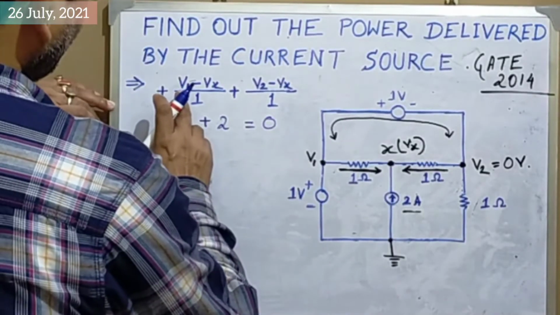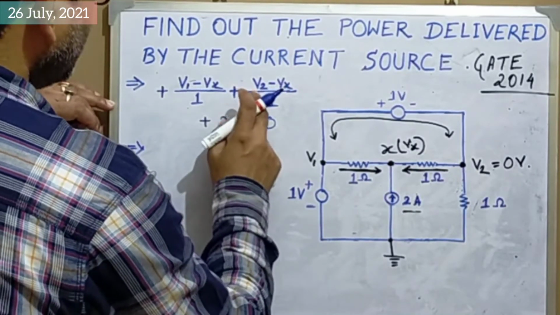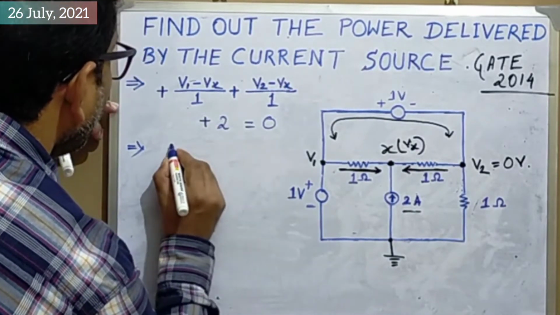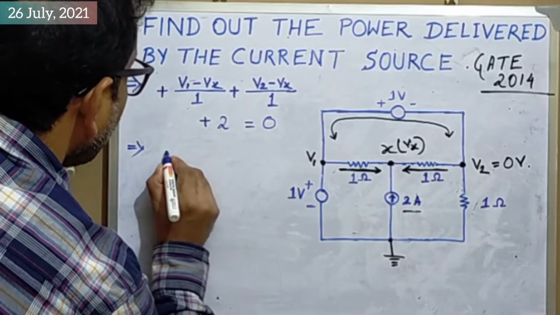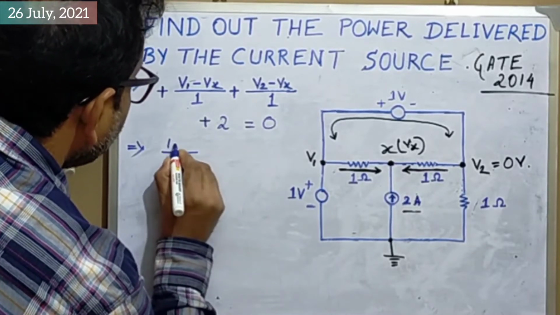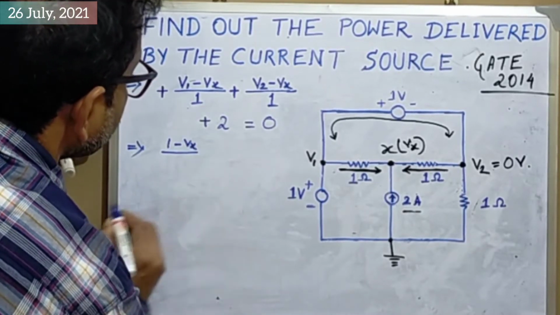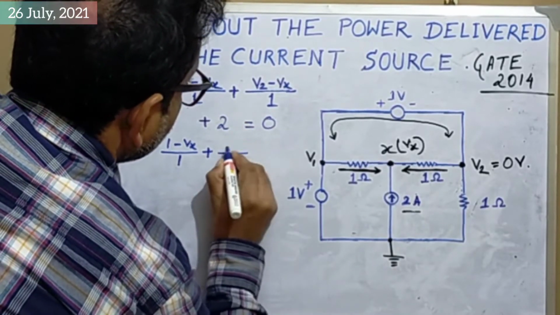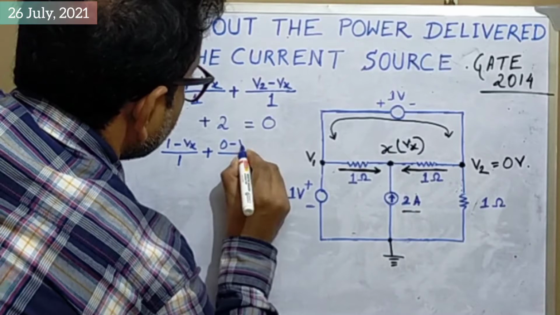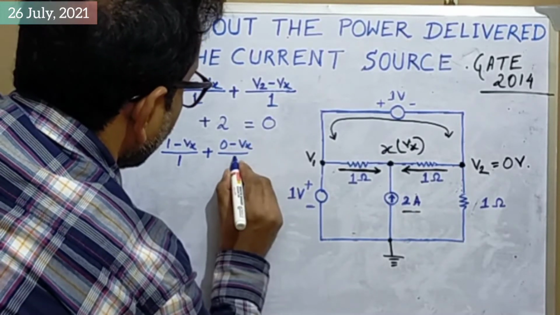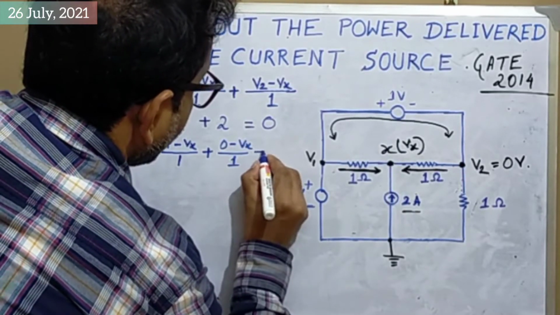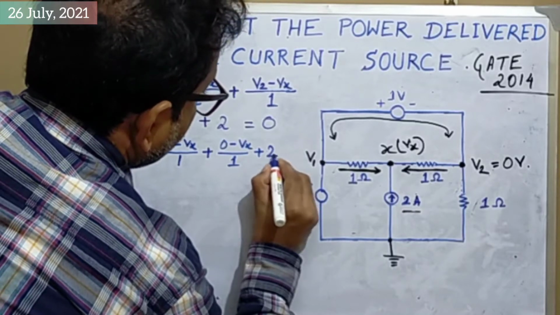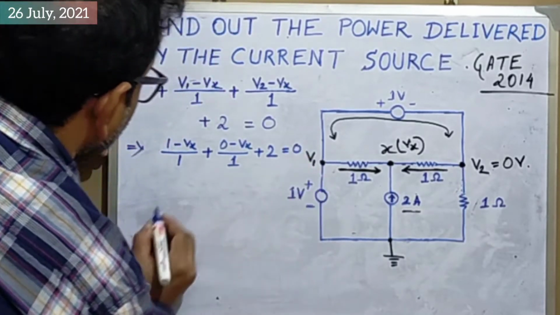As we know that V1 is 1 and V2 is 0, then we can write (1 minus Vx)/1 plus (0 minus Vx)/1 plus 2 equals 0.